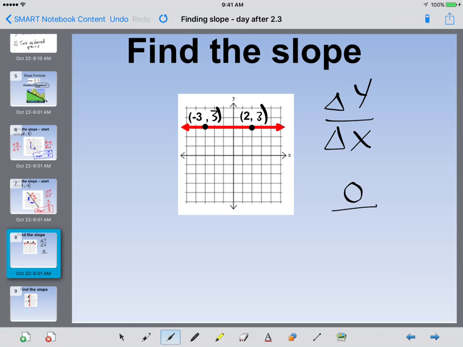The y's stay the same at 3. The x's go from -3 to 2. So you could say it goes over 1, 2, 3, 4, 5. So it goes to the right 5. Well, 0 divided by 5, this is a slope of 0.